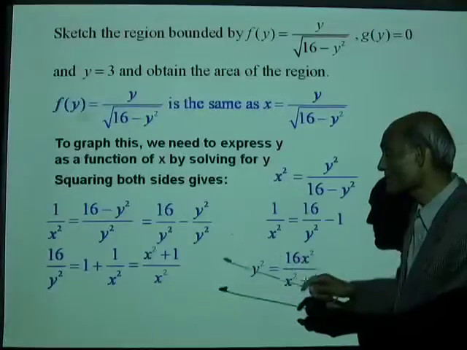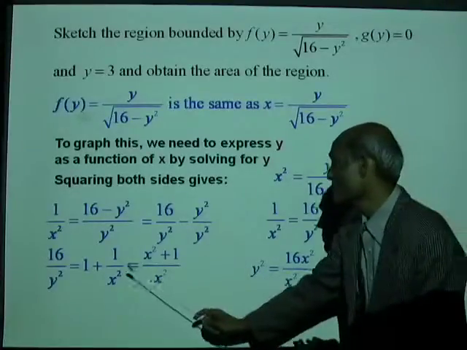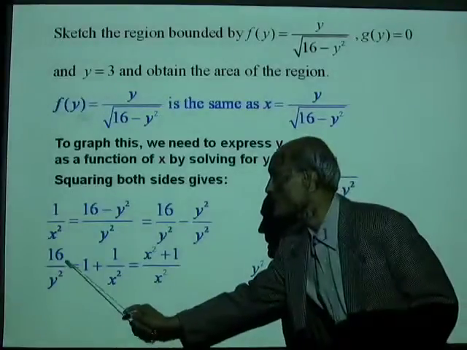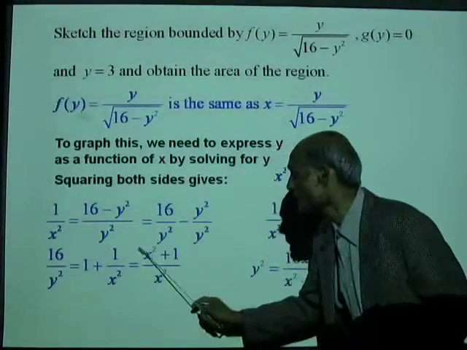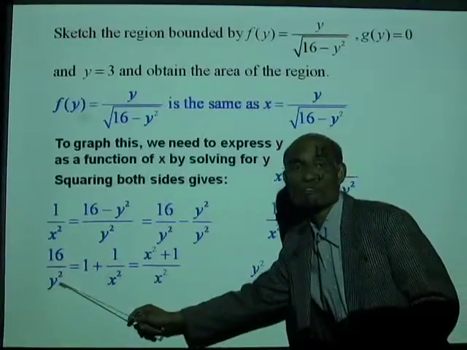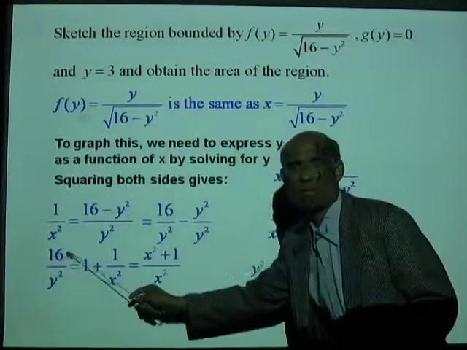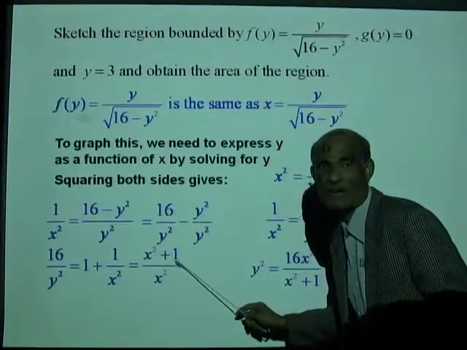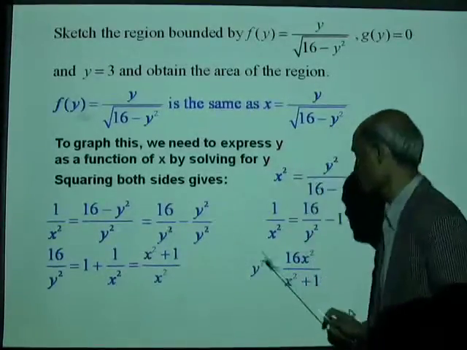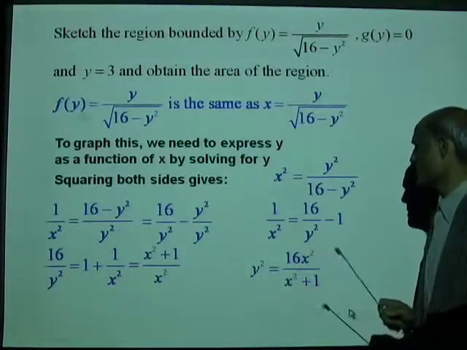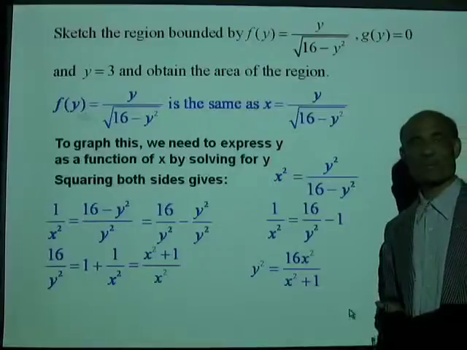Now we can solve for y squared. Is that right? If 16 over y squared is this quantity divided by x squared, then y squared equal to, cross multiply, 16 times x squared divided by x squared plus 1. So y squared equal to 16x squared divided by x squared plus 1.